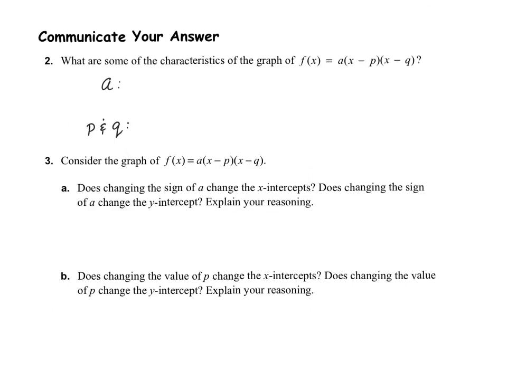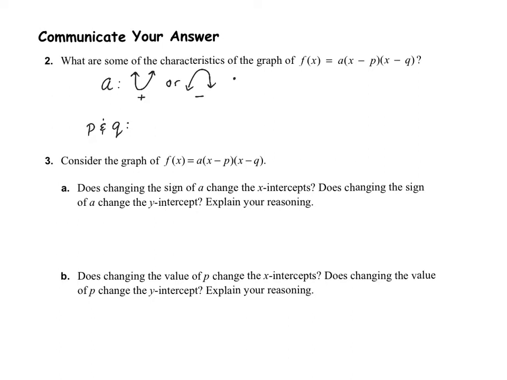Okay, so what are the characteristics of the graph f of x equals a(x minus p)(x minus q)? The a tells you if it's going to be opening up or opening down. If it is a positive a, it's going to open up. If it is a negative a, it's going to open down.